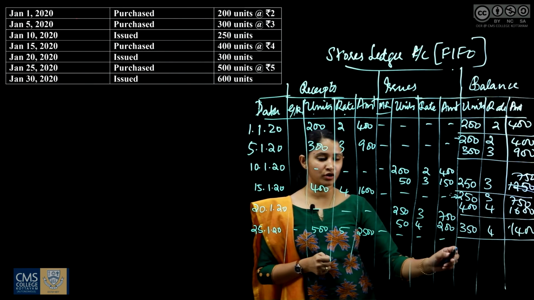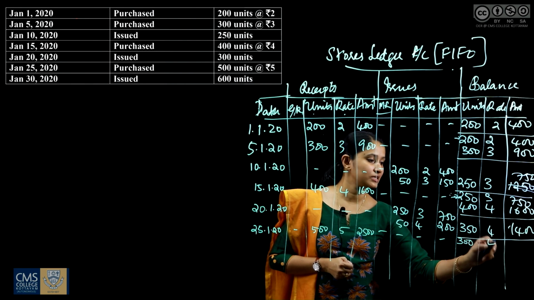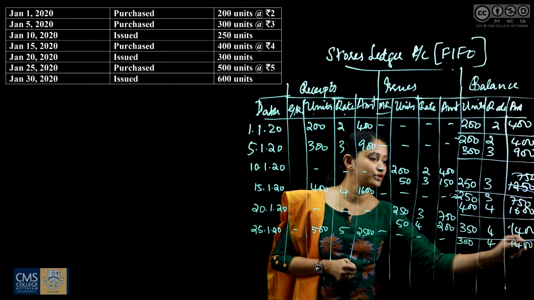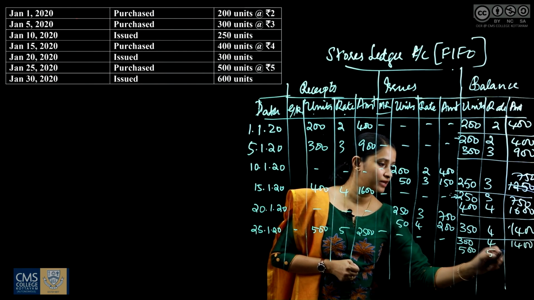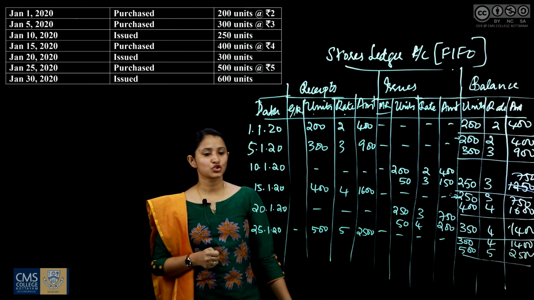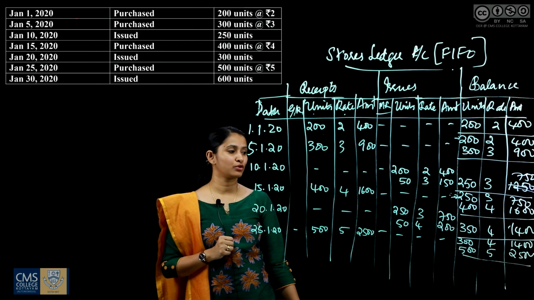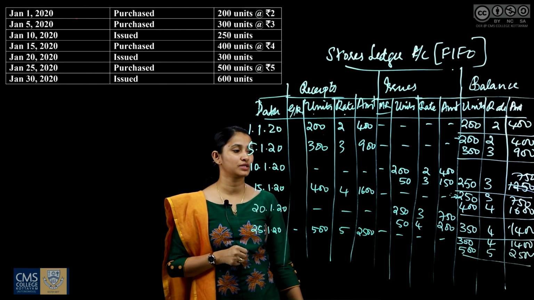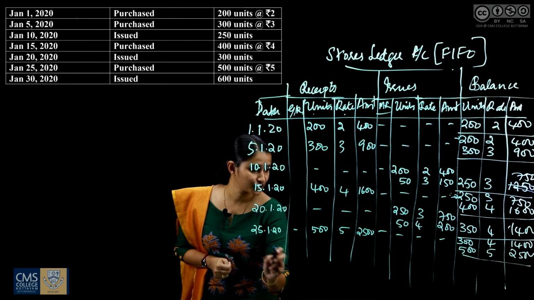So on that particular date we have in our stores 350 materials at 1400 rupees worth and 500 units at rupees 5, 2500. So on 25th Jan we have 2 lots, 350 units at 4 rupee per unit and 500 units at 5 rupee per unit because we have made a fresh purchase.